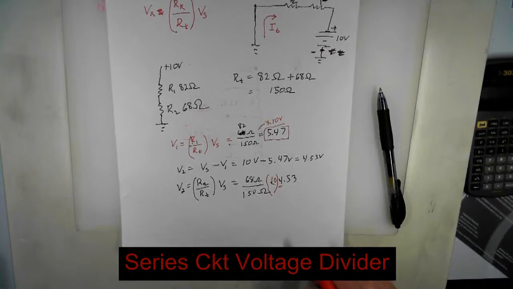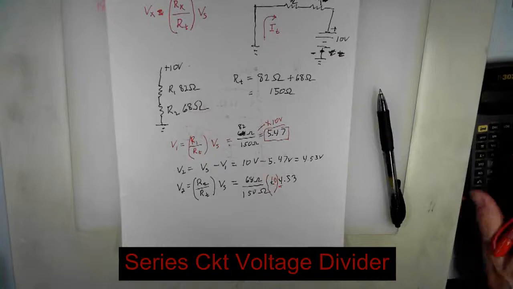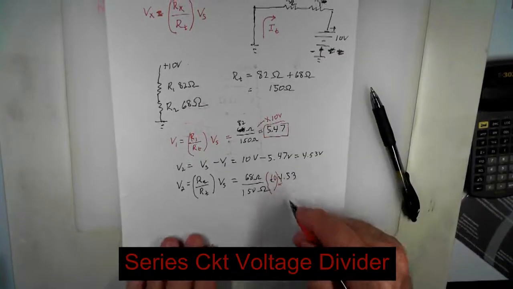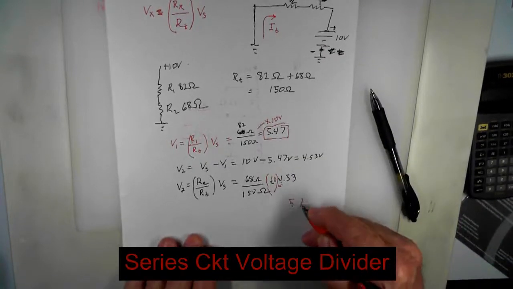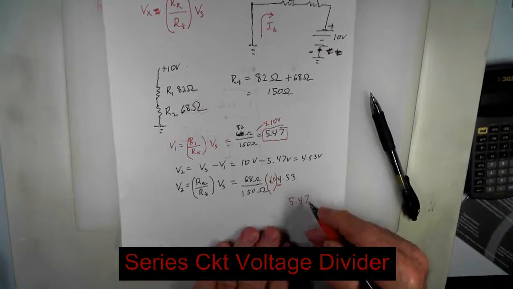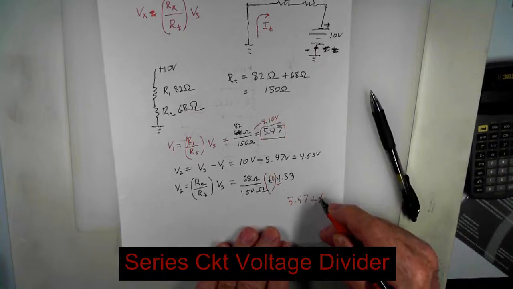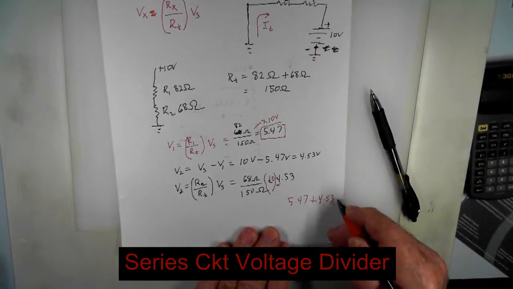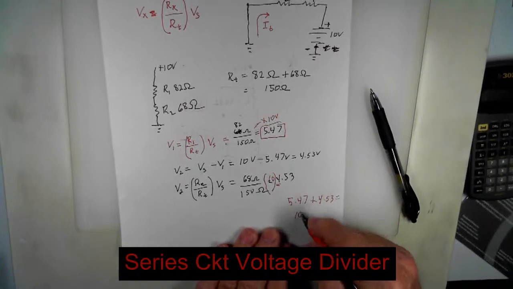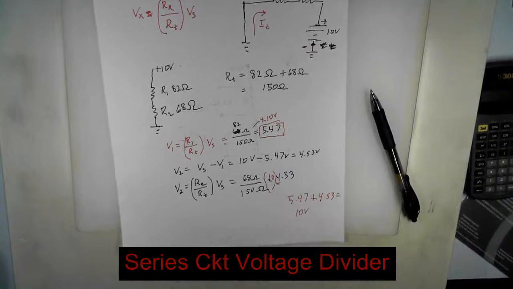Now if we want to check our work, we can add those two together. 5.47 plus 4.53 equals 10 volts. So now I know that I've done the problem correctly, and that I've worked it two ways.